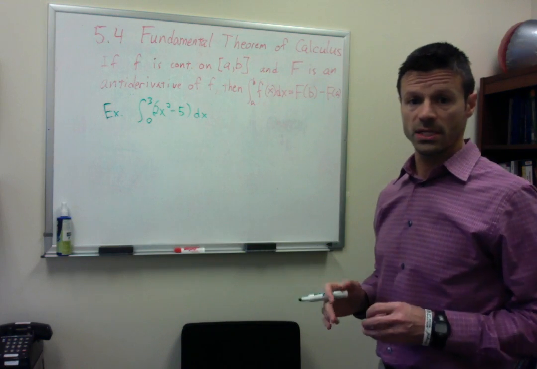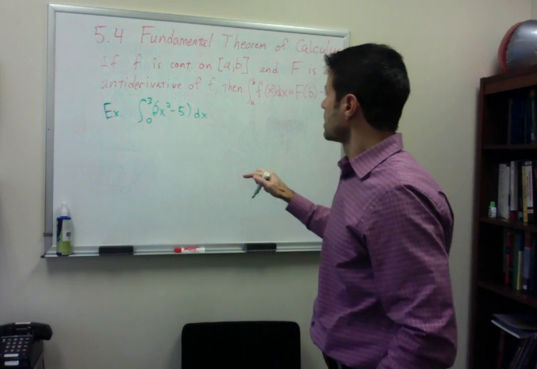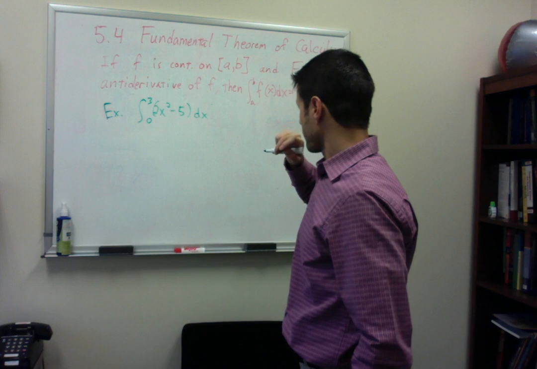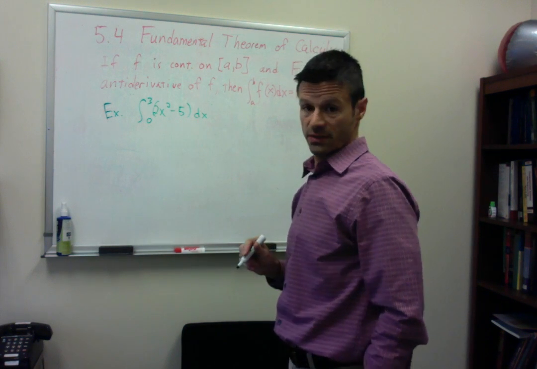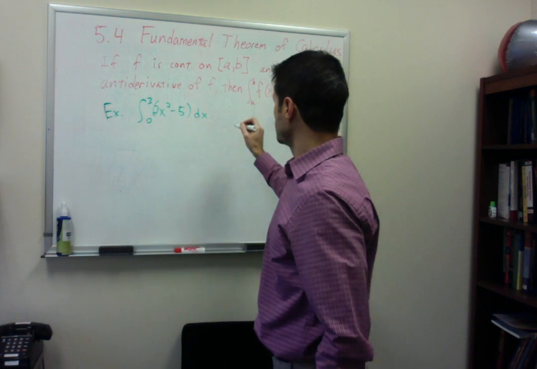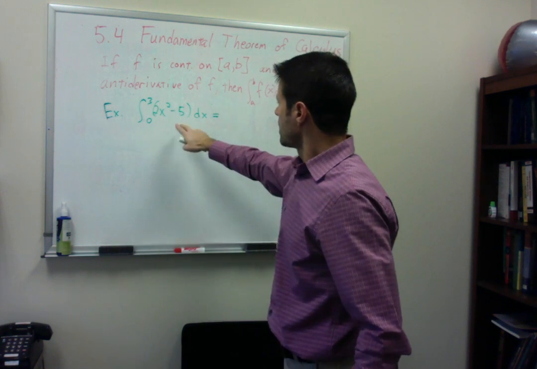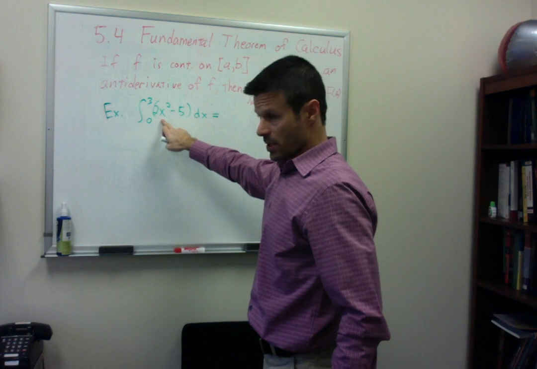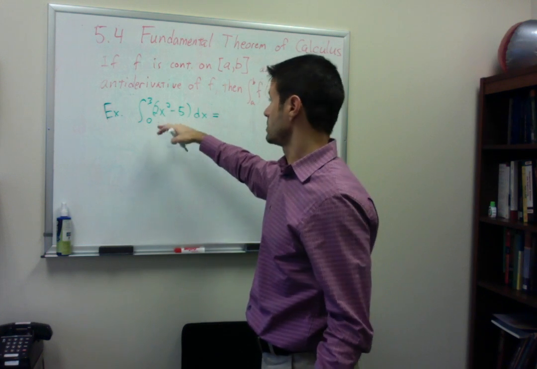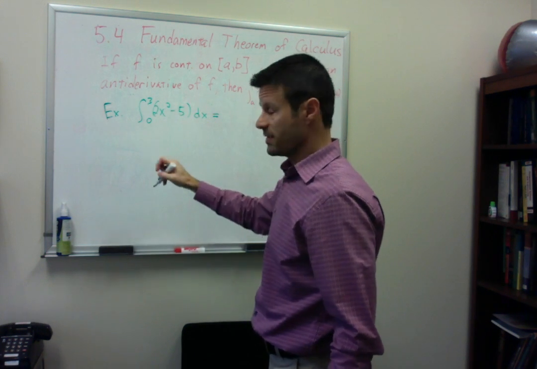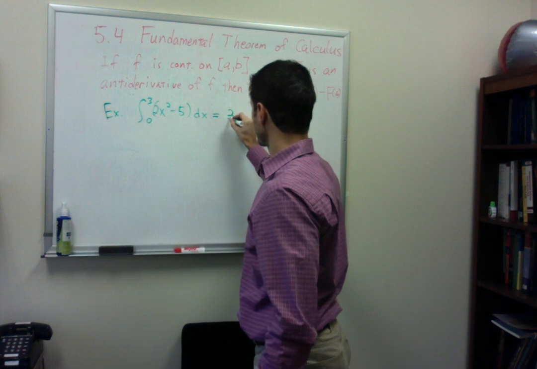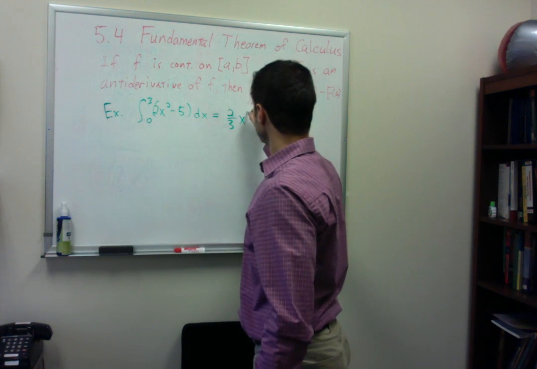So to evaluate this definite integral, the first thing that we do is we find an antiderivative. I'll show you the notation that we're going to use. First let's find the antiderivative of this 2x squared term. Using the power rule for integration, add 1 to the exponent, divide by that exponent, so we get 2/3 x cubed.